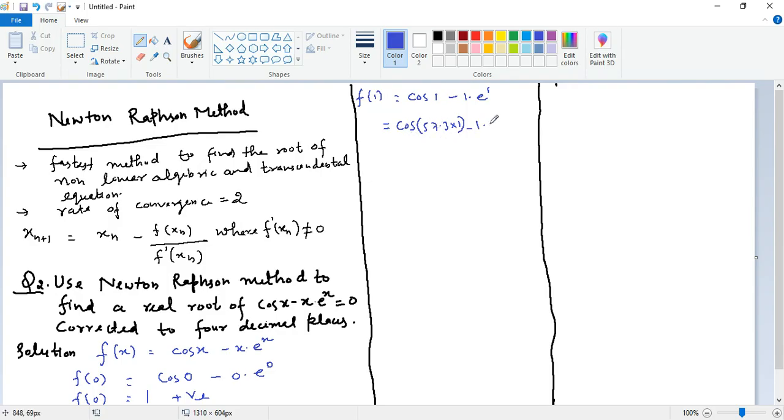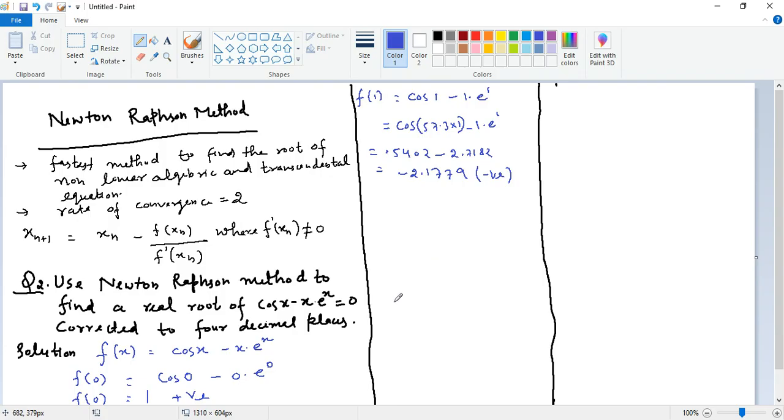So this function will be equal to 0.5402, and this will be minus 2.7182. So it will be equal to minus 2.1779. Now at 1 we get a negative function, and at 0 we get a positive function, right?